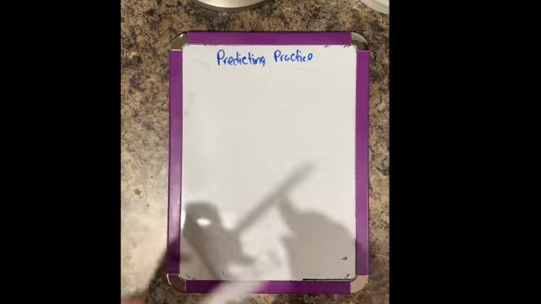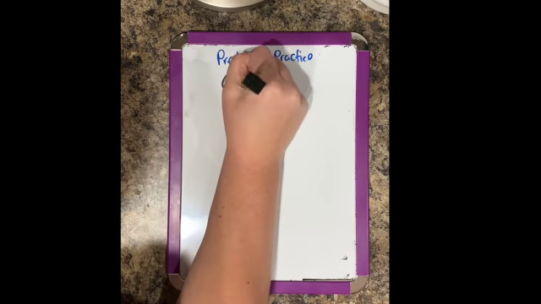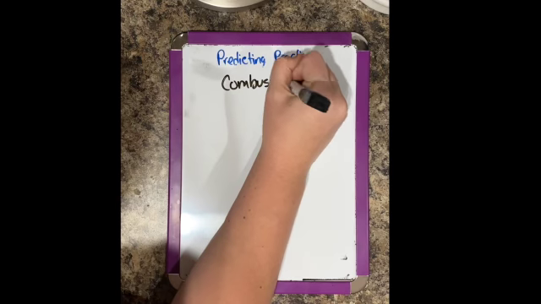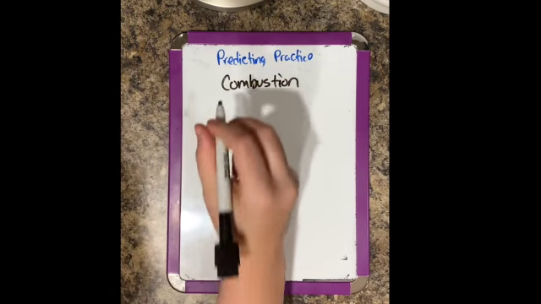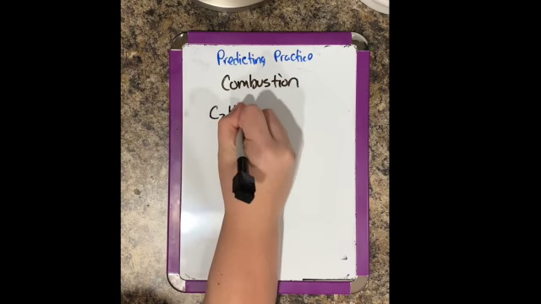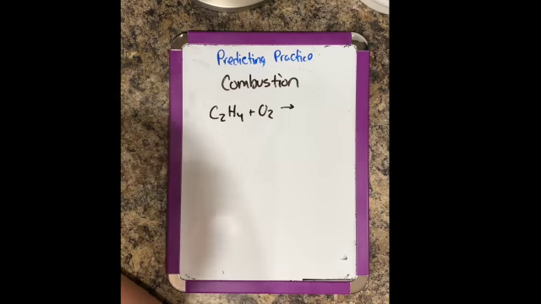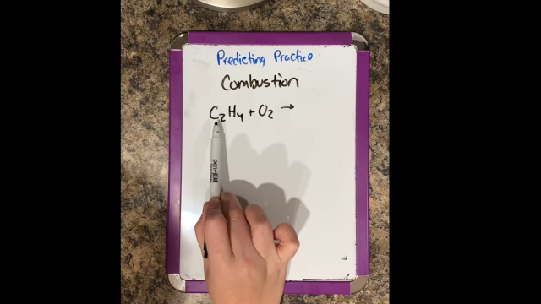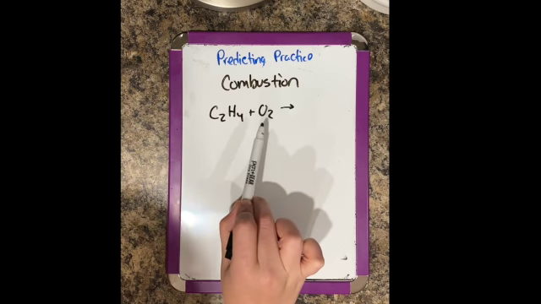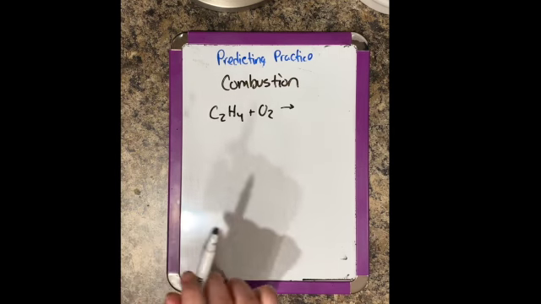Last but not least, we have combustion. I think this is the easiest one to predict out of all of them. So how to identify combustion? Combustion are reactions that only have C, H, and O. So if you notice there's only C, H, and O, then you need to do combustion.